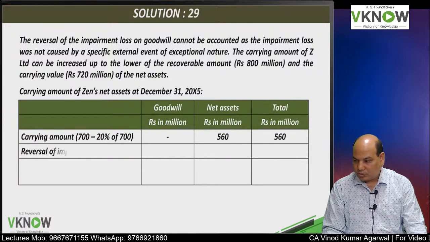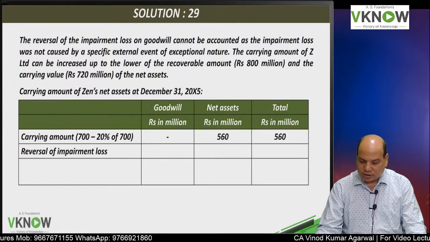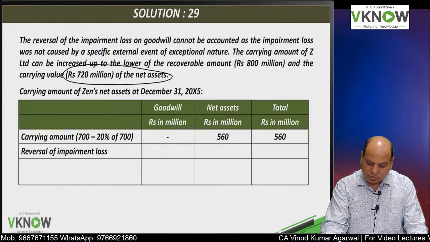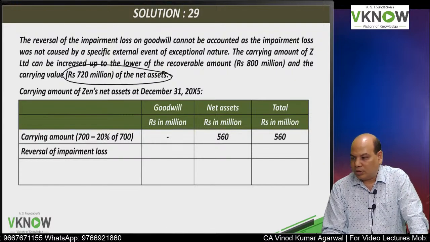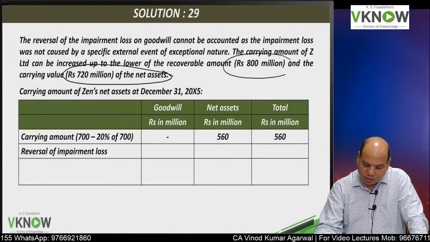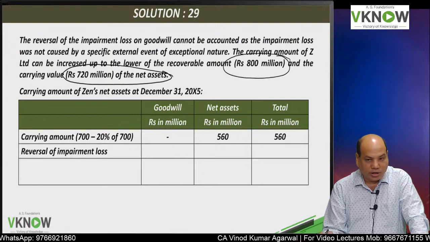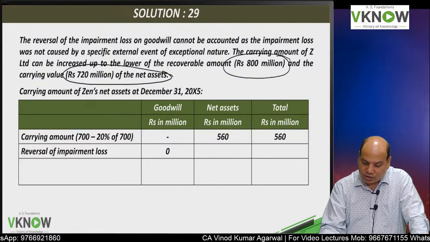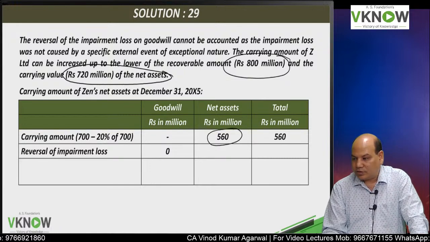You will first calculate the carrying amount that would have been determined if there was no impairment. Recoverable amount 800 already given. Existing carrying amount is 560.